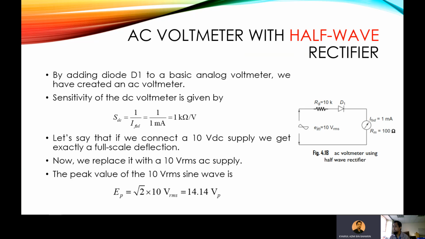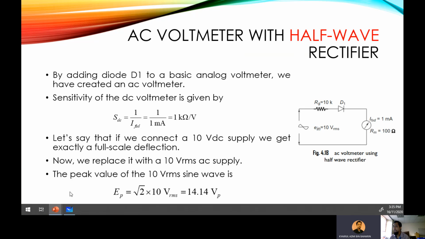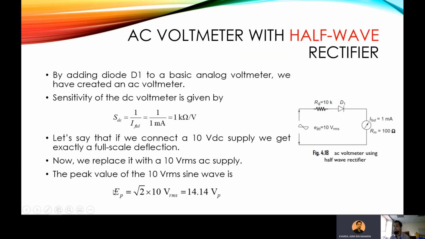Before I go any further, I just want to clarify, in electrical engineering, sometimes we use the term E and sometimes we use the term V to represent voltage. So what is the difference? The difference is that E is a symbol that we use for the source, like battery, generator.